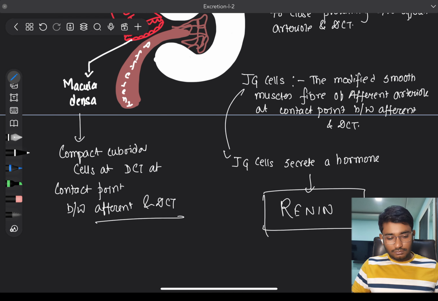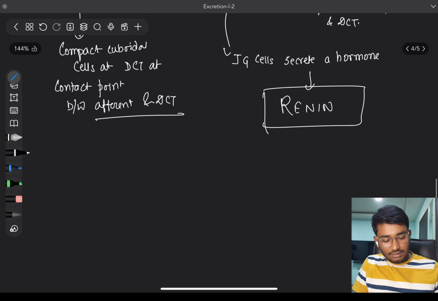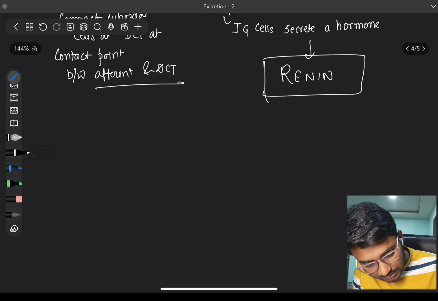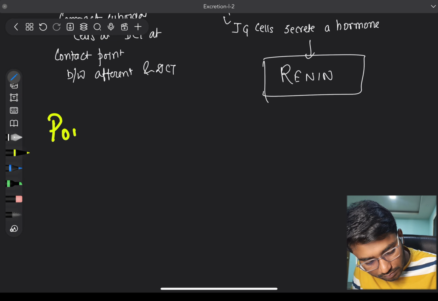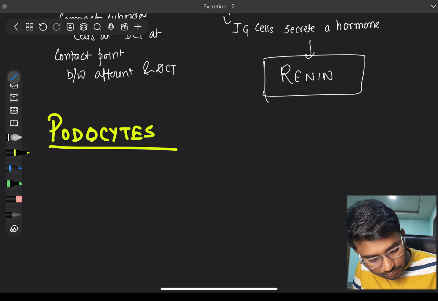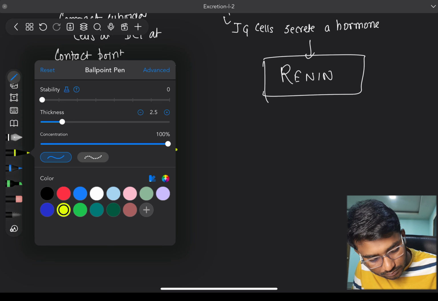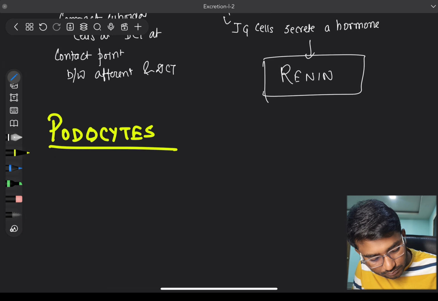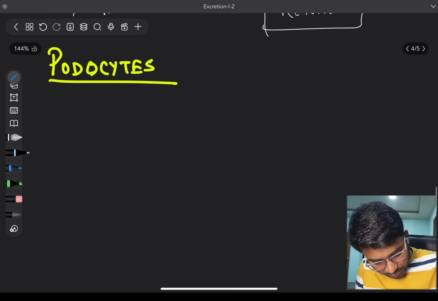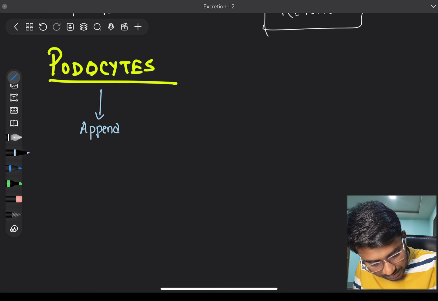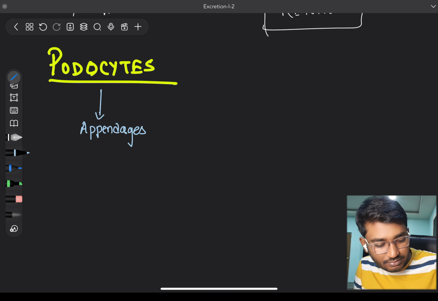Now, the last part of today, the podocytes. Give the heading as podocytes. Podocytes consist of appendages as well as cells.